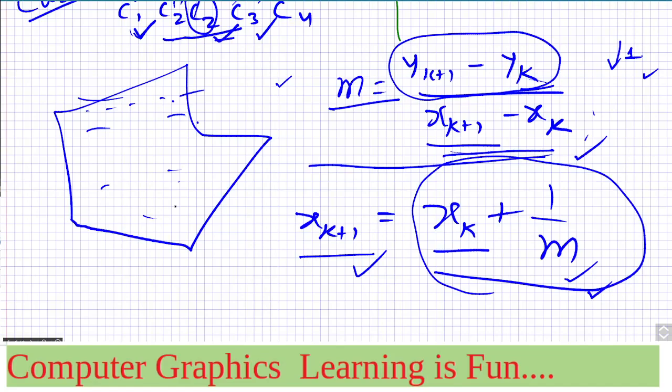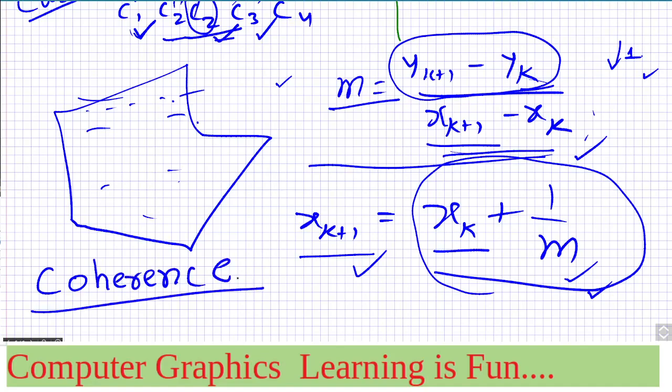One thing that I should tell you was coherence. Okay, what is this coherence? Coherence is simply a property where you should understand that one part of a scene is related to some other part of the scene.